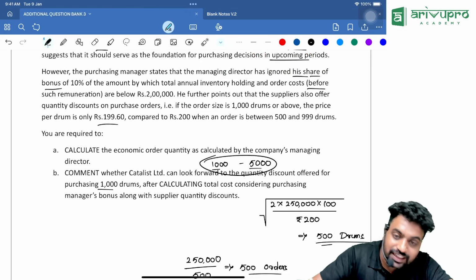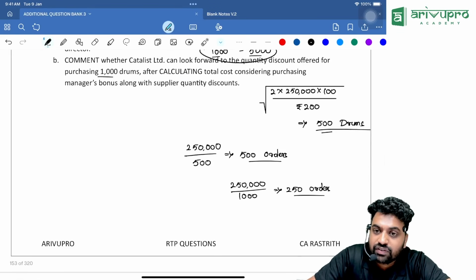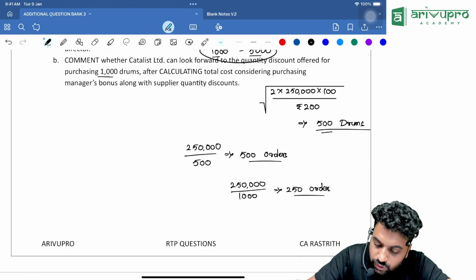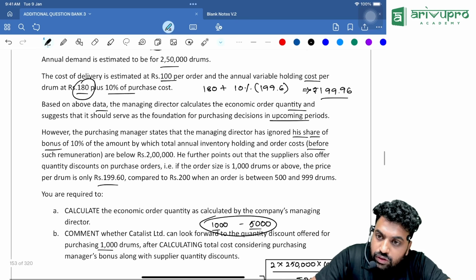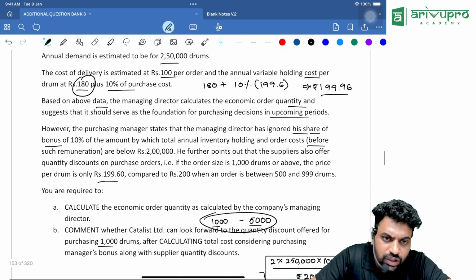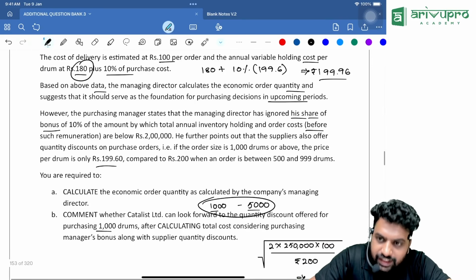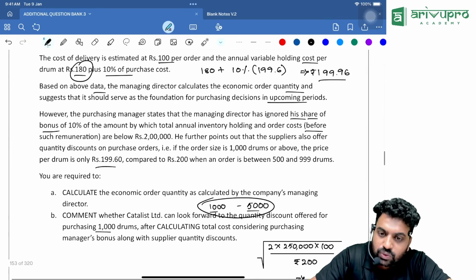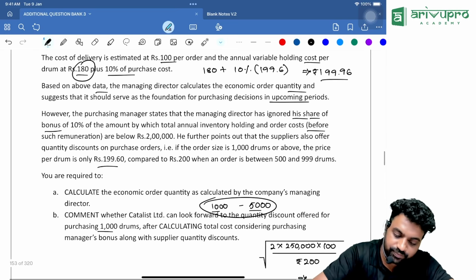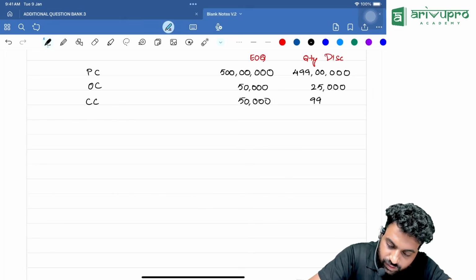In case of quantity discount, 1000 units, right? Half of 1000, 500, 500 into 199.96, 99,980.